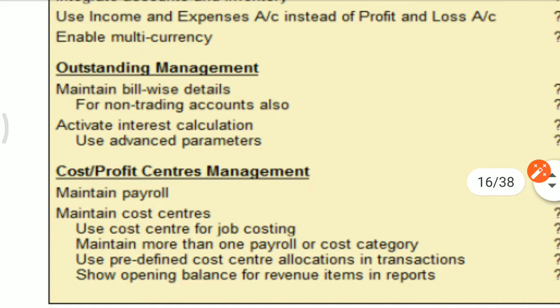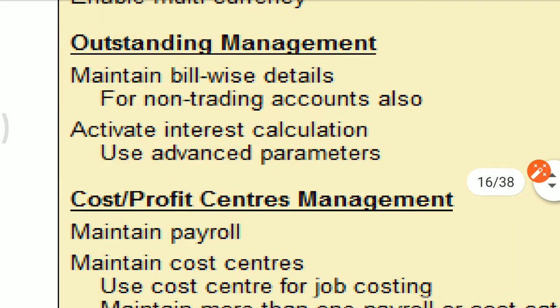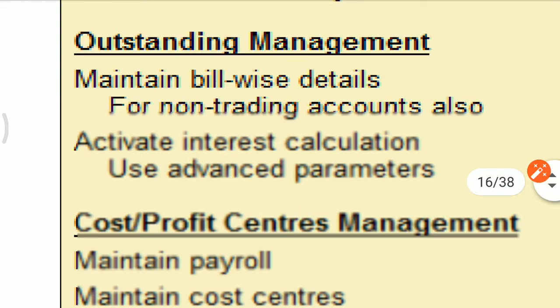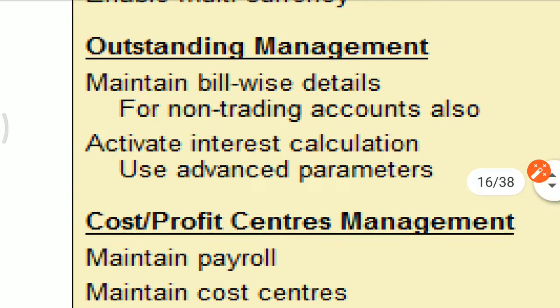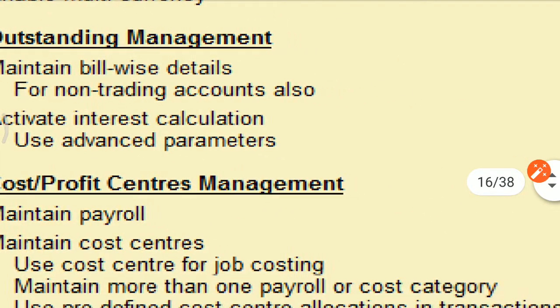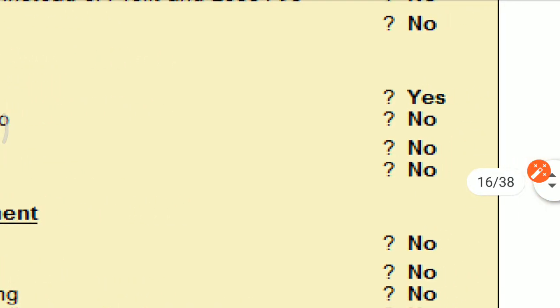The next important option is outstanding management. Friends, this option is important for your sundry debtors and creditors, whether you want to maintain your data bill-wise. My personal request is to always keep this option yes. The second option is for non-trading accounts also. My personal suggestion is please maintain yes.